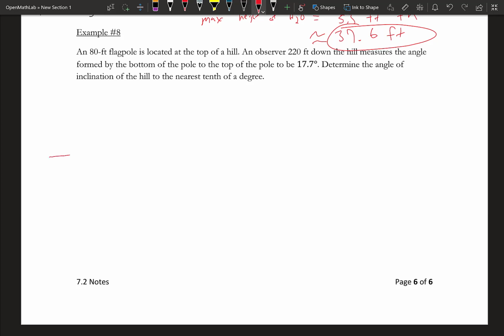Let me try to draw this picture for you. So this is the hill, and then this is the flagpole.